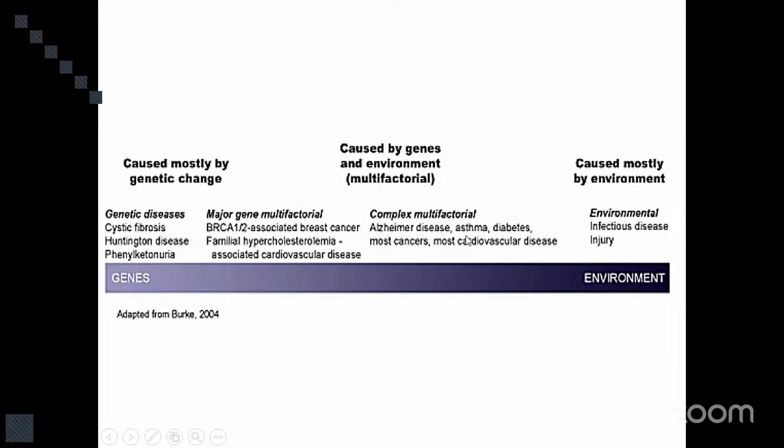Alzheimer's disease, asthma, diabetes, most cancers. That's why we tell people to stop smoking, to stop drinking, to stop doing certain things, and to increase activity. You know why? Because this can be influenced by the environment, in the sense that your body and the environment interact.